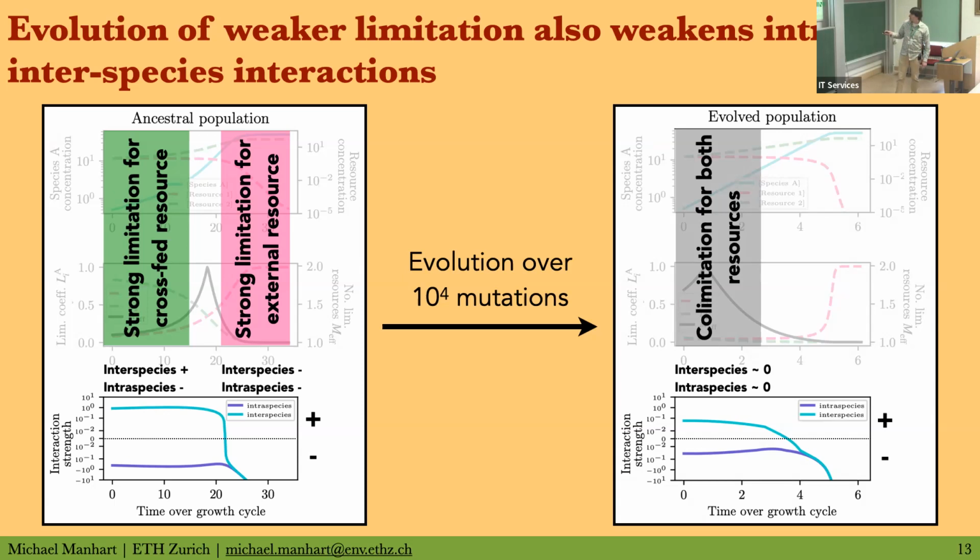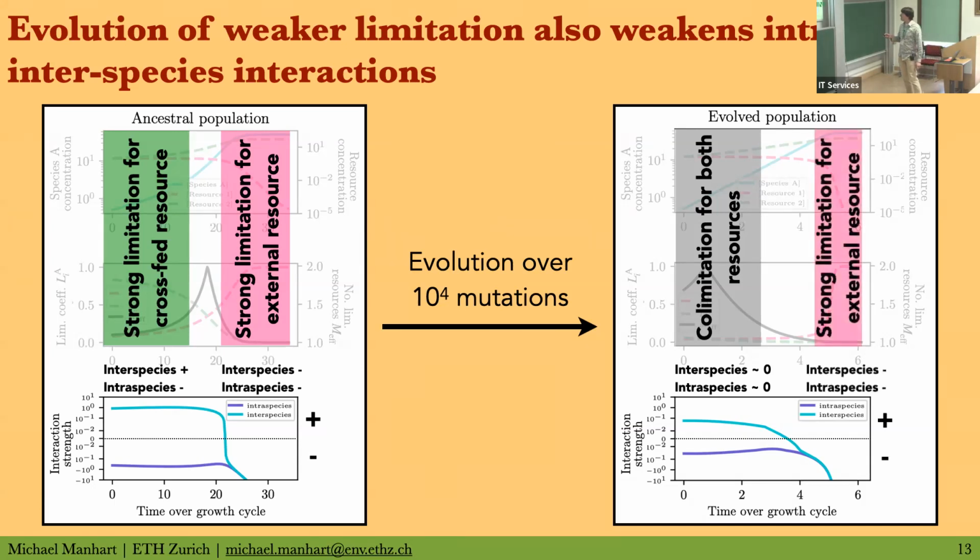The signs are the same, but now they're very, very weak. It's because you have this co-limitation for the two that these interactions are all pretty much around zero. It's like they don't really care about each other anymore. And then at the end, of course, when you have strong limitation for the external resource, they all become negative again. And so what this means is that this evolution towards weaker limitation also corresponds to a weakening of the positive interaction in the community.